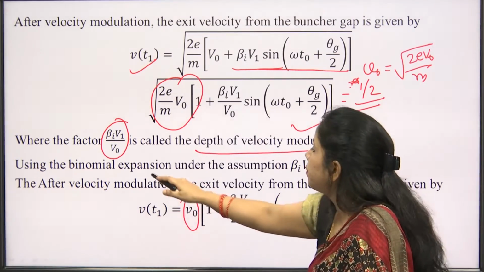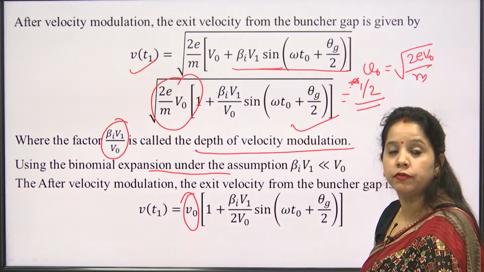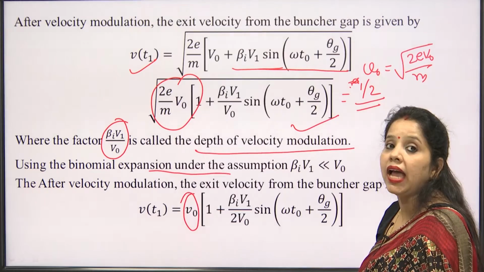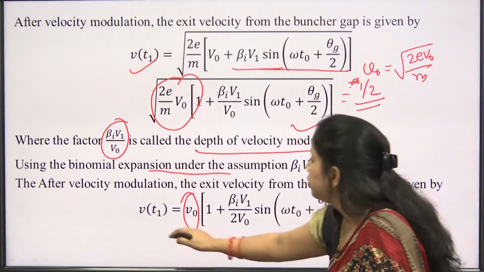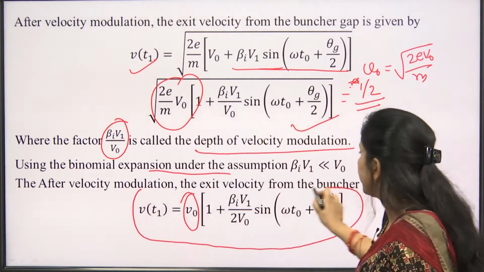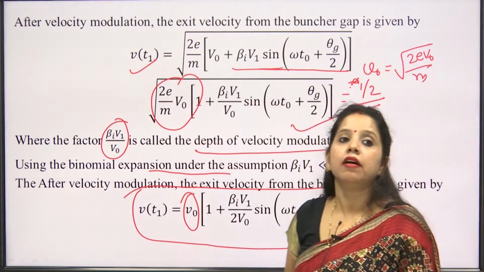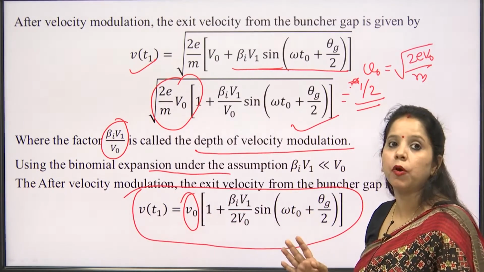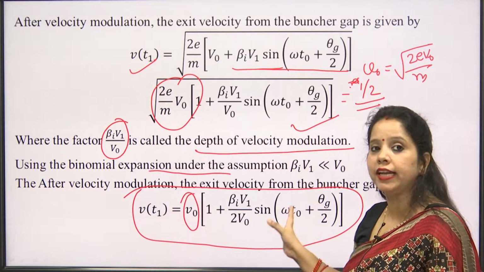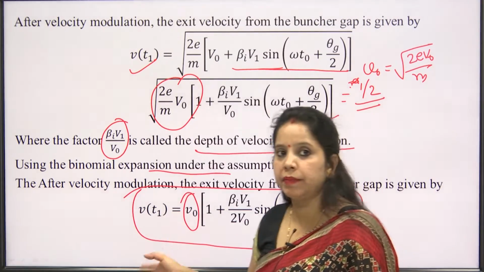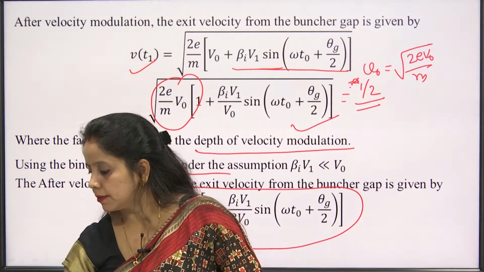Now, we do the binomial expansion, and after discarding the higher order terms, the final equation which we are getting is this one. This is the final equation after the velocity modulation, obtained by the binomial expansion, discarding the higher order terms, and taking only the lowest order terms.